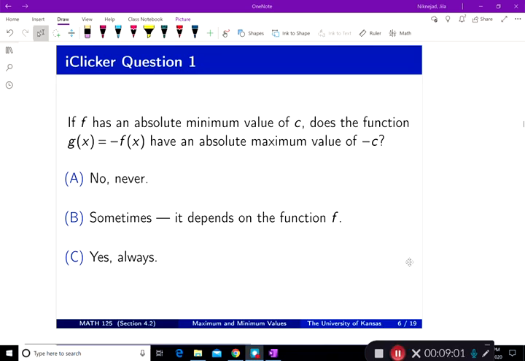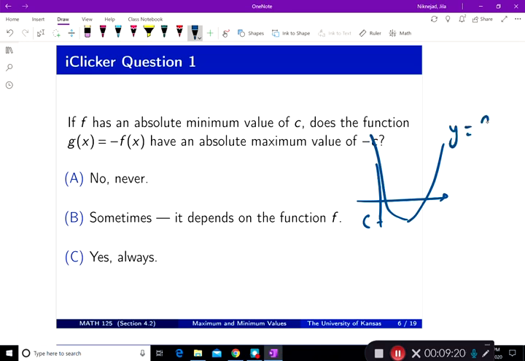So let's think about this function. We're drawing a function and it has an absolute minimum value c at some point in between, and this is y equal to f of x. Then I'll think about another function, y equal to negative f of x. The shape of that one looks like this basically.